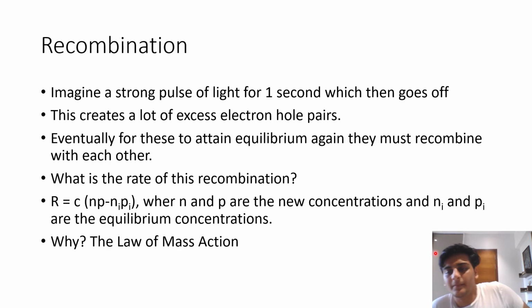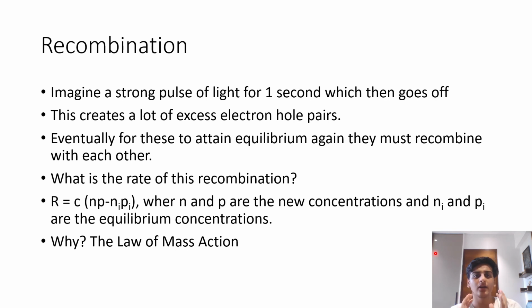On to the next phenomena, which is recombination. So just like you can have electron hole pairs spontaneously generated, these electron hole pairs can recombine with each other also. So to give some intuition for this, imagine like our solar cell application or any similar application where you put a strong pulse of light on a semiconductor for 1 second, and then this pulse of light goes off.